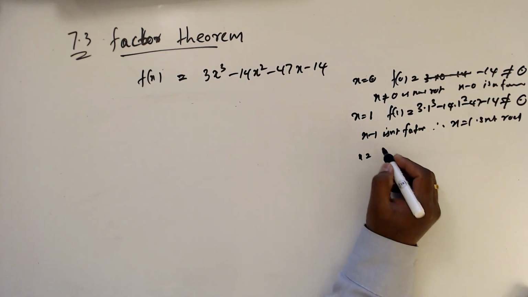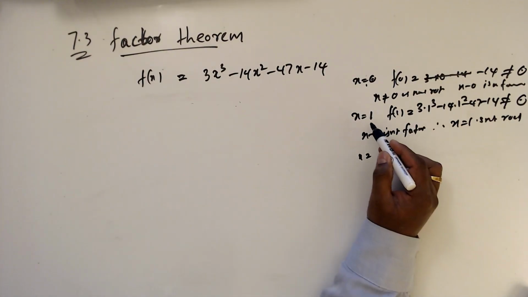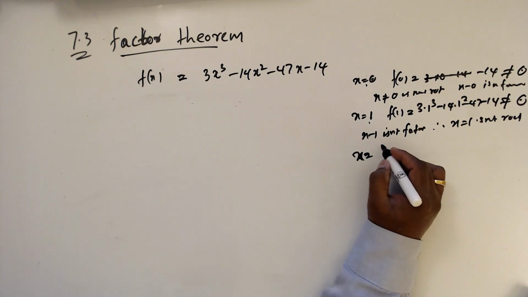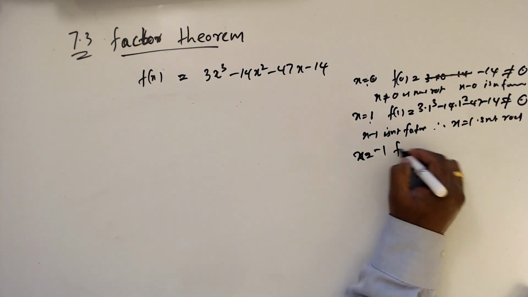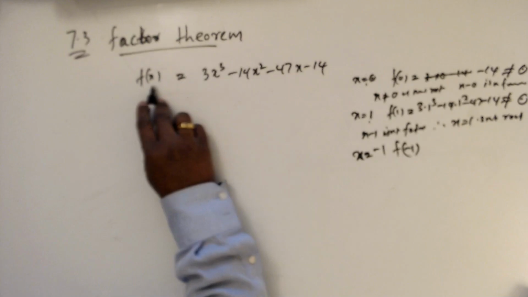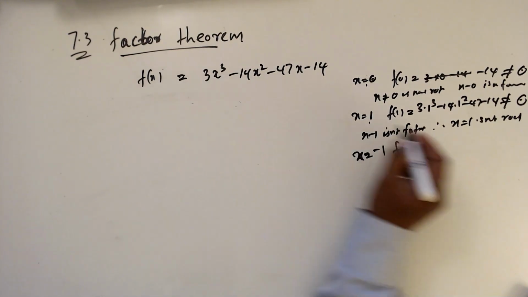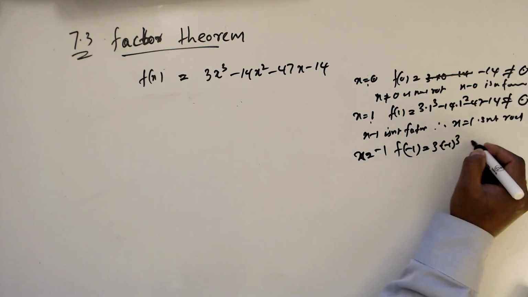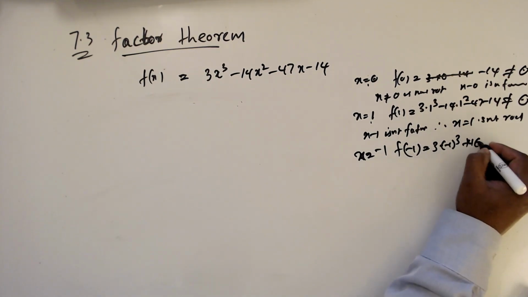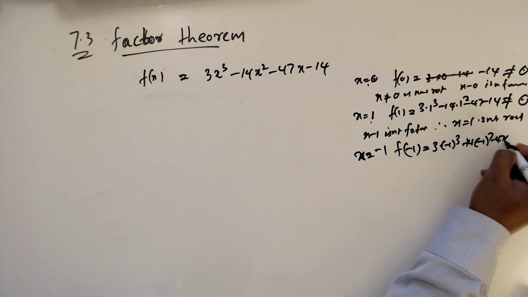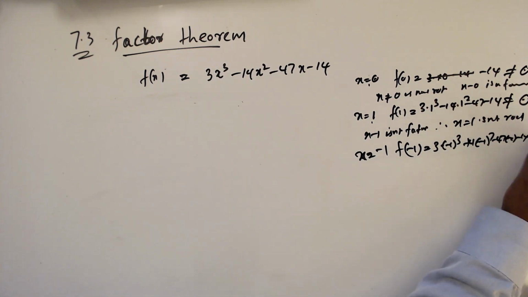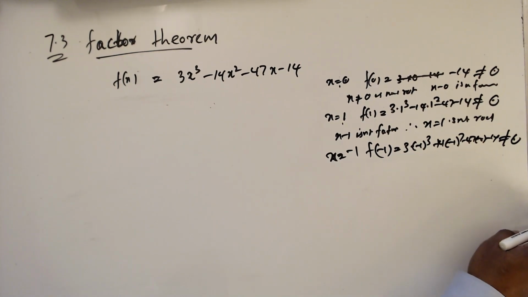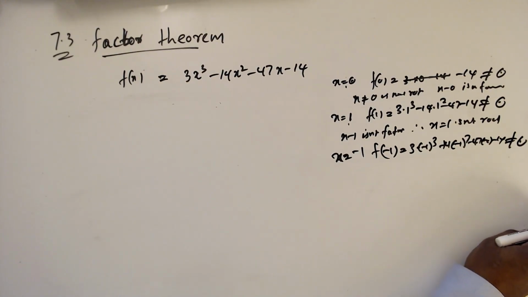I will check x equals minus 1. So f(-1) equals 3 times minus 1 cubed minus 14 times minus 1, 47 minus 1 minus 14, not equal to 0.